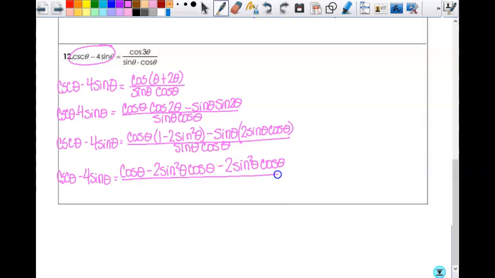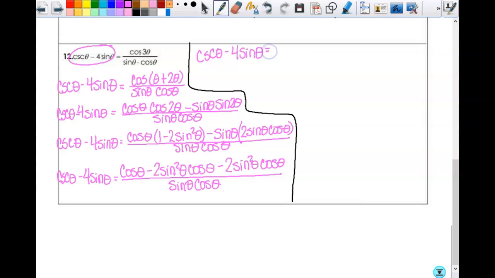All over sine theta cosine theta. All right, so now I'm going to come back up here, rewrite my left-hand side. Cosecant theta minus 4 sine theta equals. So in the numerator, I have cosine theta minus 4 sine squared theta cosine theta, all over sine theta cosine theta.